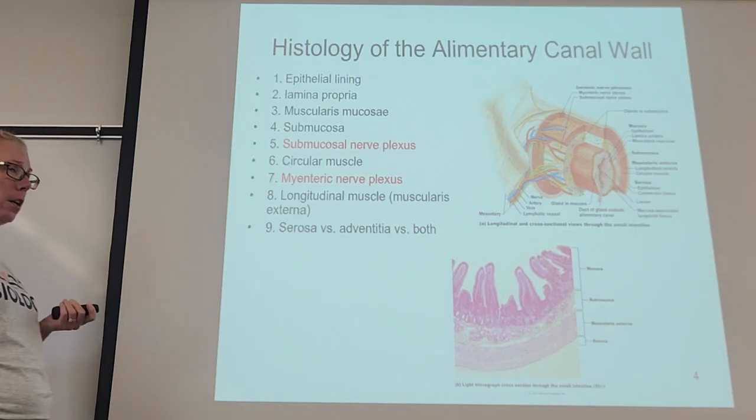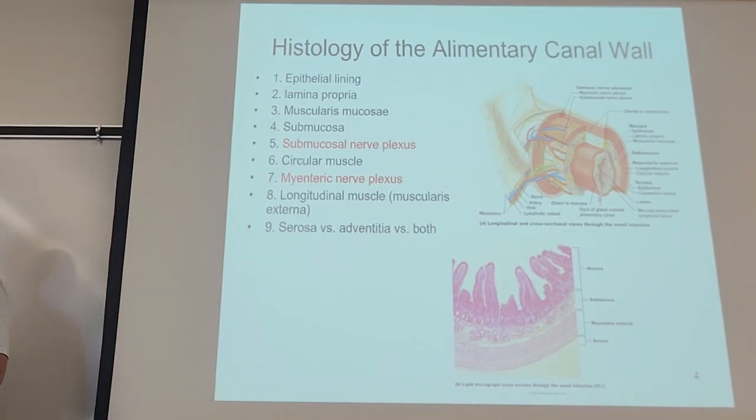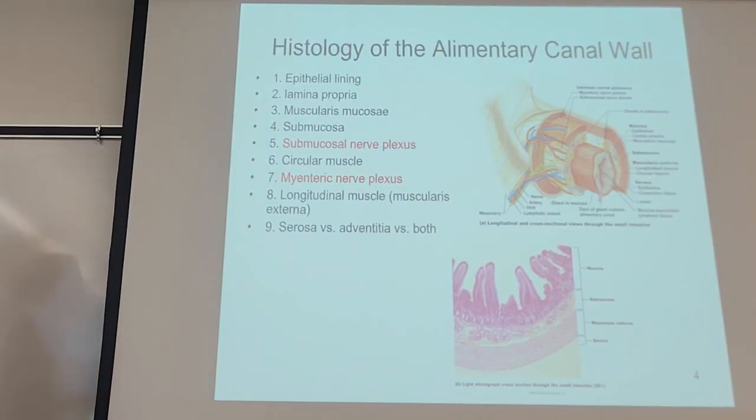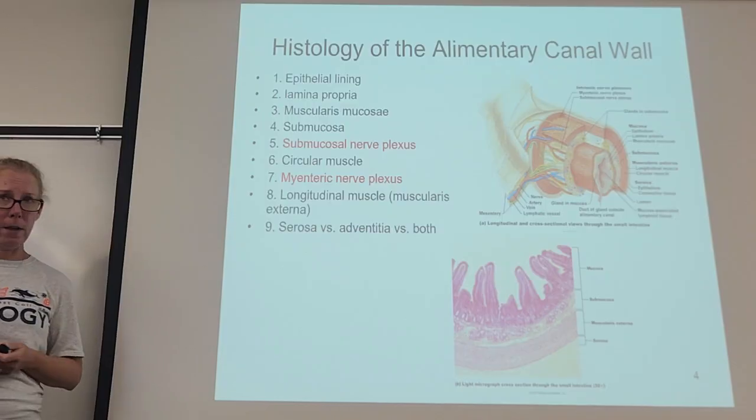Now, depending on where you are in the tube, the epithelial tissue will change, okay? And you guys need to be aware of when those changes occur. But in a nutshell, on either end of the tube, either your mouth or your anus, which are both open to the outside environment, right? What type of epithelial lining do you think we'll find there?